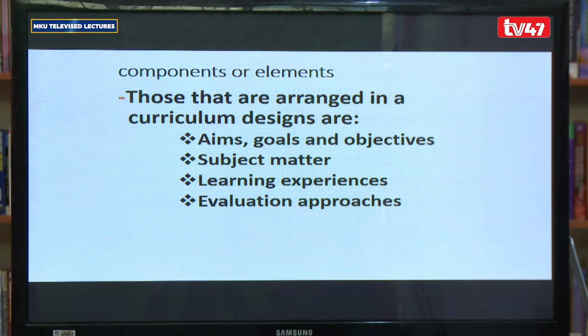The components or elements of the curriculum refer to those elements that are arranged in a curriculum design. And these include the aims, goals, and objectives, the subject matter, the learning experiences, the evaluation approaches.